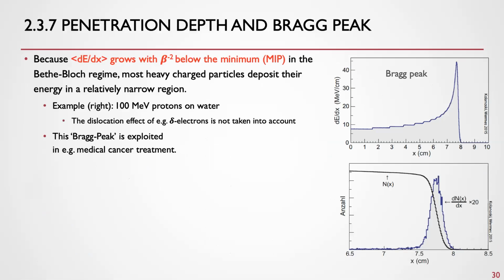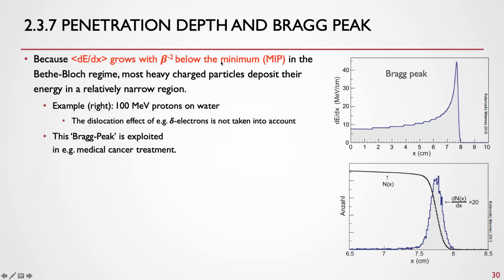Another one, since we talk about real life. Let's talk about the penetration depth of heavy charged particles and the Bragg peak. That's a way to exploit the energy loss, in particular the 1 over beta squared term below the minimum ionization, beta gamma values of 3 to 5 for most of these particles.